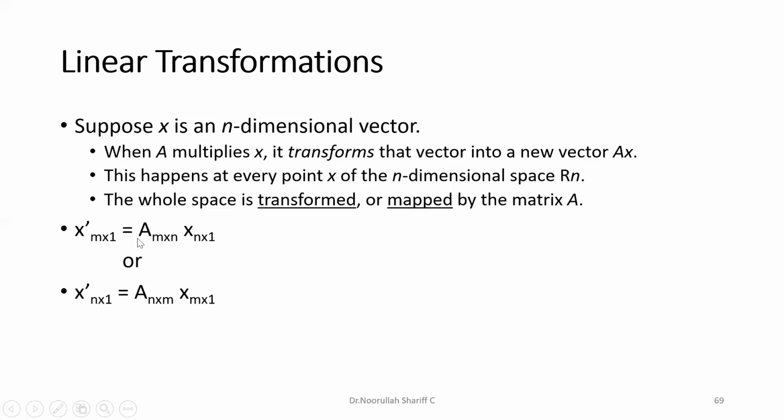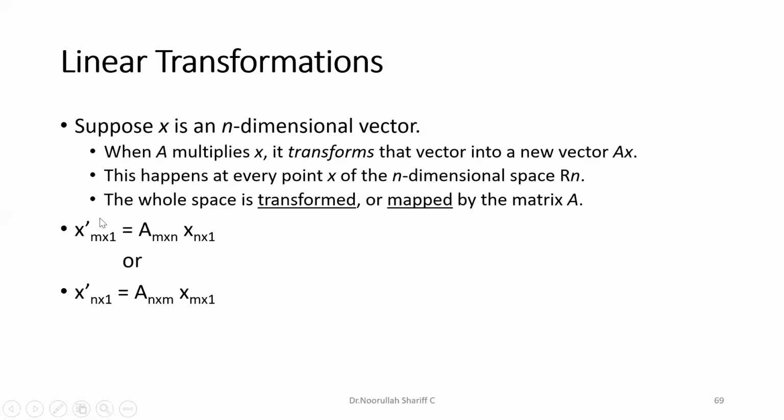You can see that this is a matrix which has m rows and n columns, and we are multiplying it with X, which consists of n rows. That means it is in the space of Rn, and that gets transformed into X dash, which has m rows.